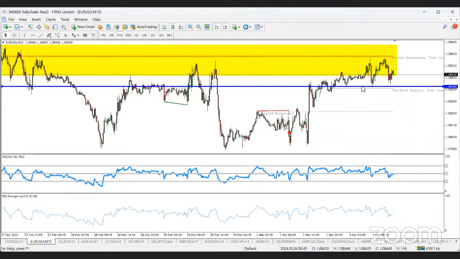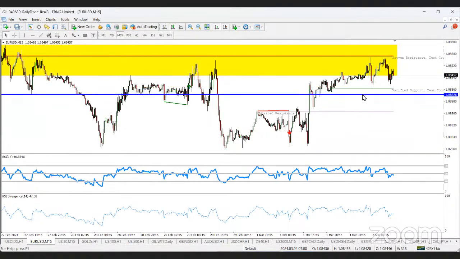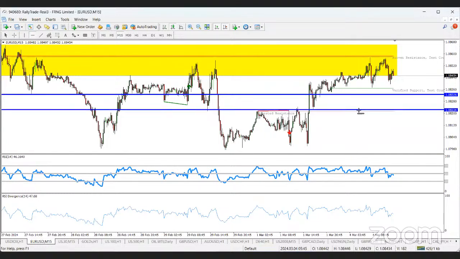For a longer sell, we can sell once price closes below 1.08320.